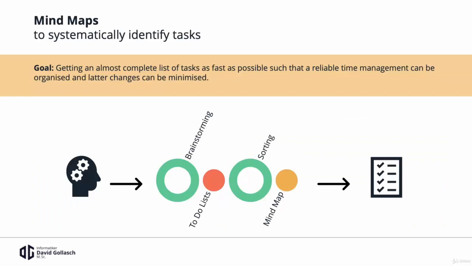Now take a look at mind maps. In the first place, we created, using a brainstorming technique, a to-do list with all the tasks that came into our mind, and you took them down onto a to-do list. The next part is to sort everything in a way that you find categories and structure everything, so that it's possible for you to see where tasks might be missing.